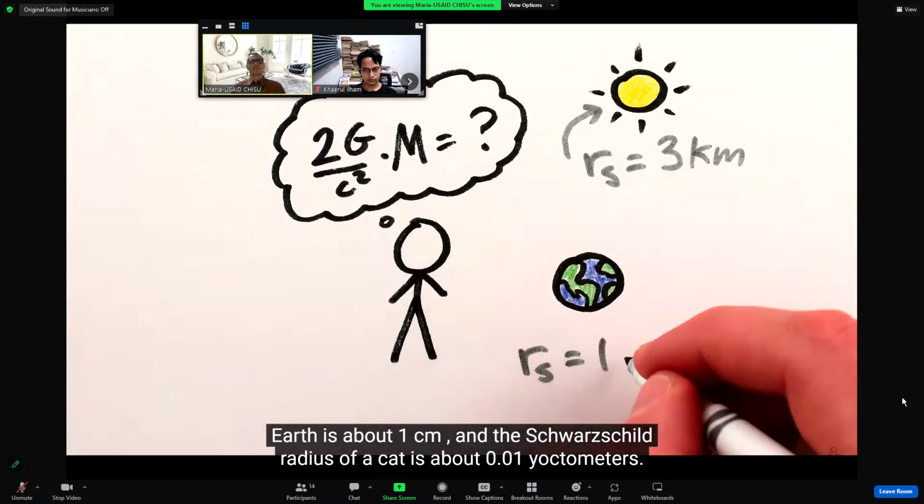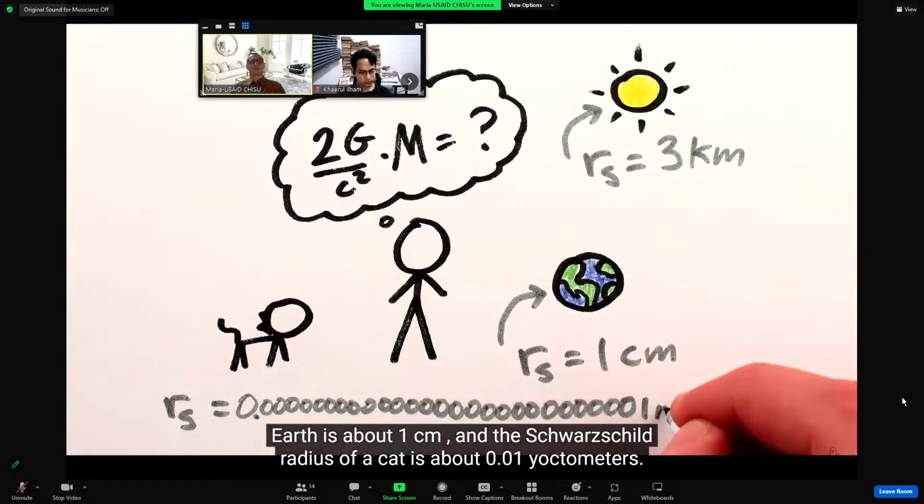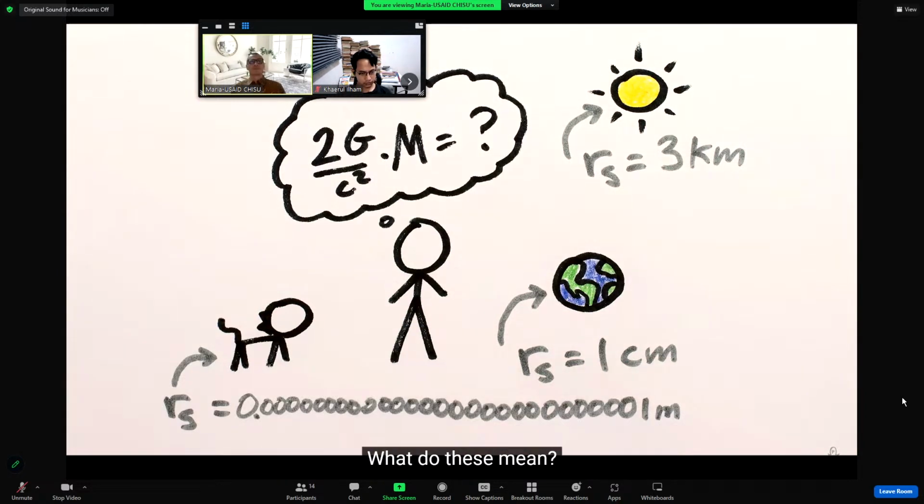Total radius of the Earth is about 1 centimeter.